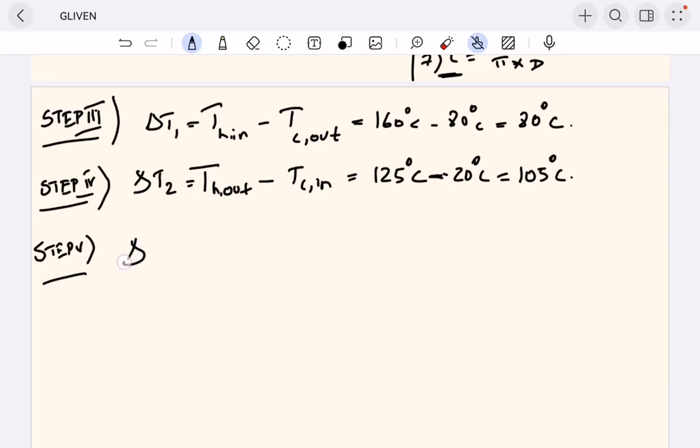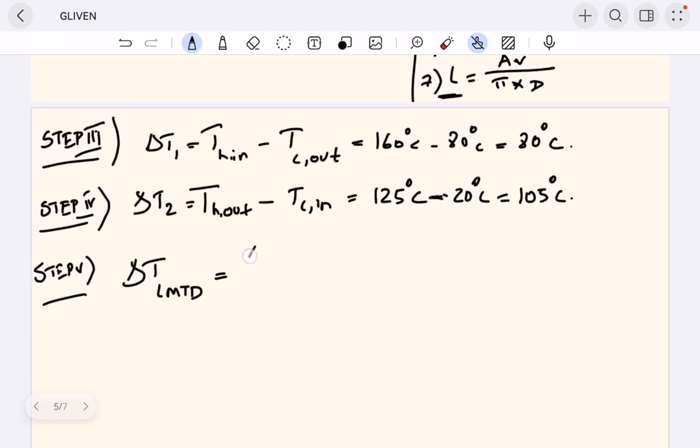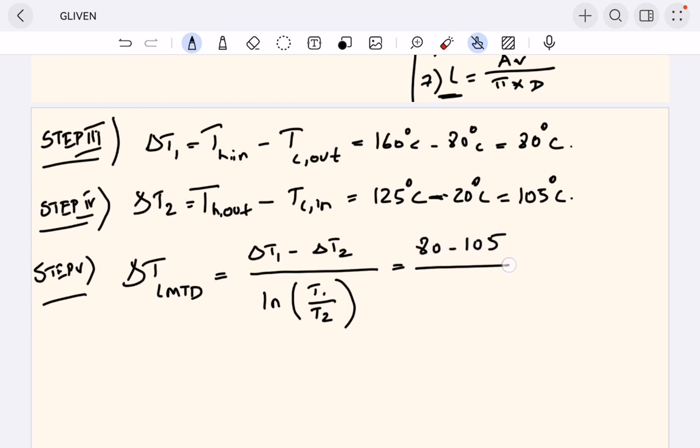Delta T LMTD, log mean temperature difference, is, let's take the formula from the formula list we have listed here. Delta T1 minus delta T2 divided by ln of delta T1 by delta T2. So delta T1 minus delta T2 is 80 minus 105, divided by ln of 80 by 105.